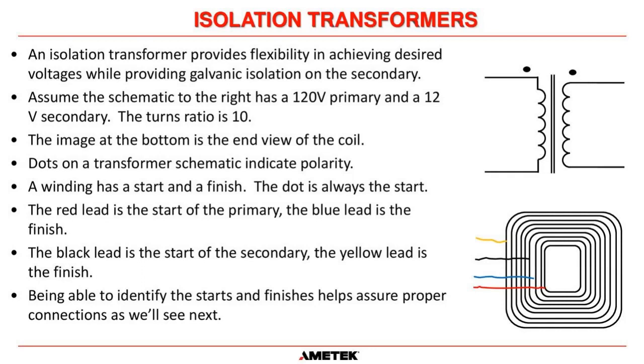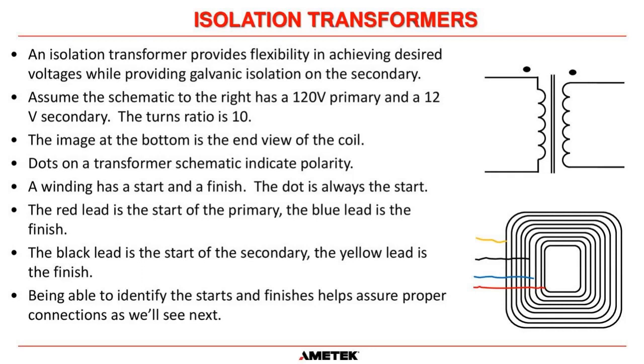An isolation transformer provides flexibility in achieving desired voltage while providing galvanic isolation to the secondary. The image at the bottom is the end view of the coil. Dots on the transformer schematic indicate polarity, as you can see on the schematic at the top.